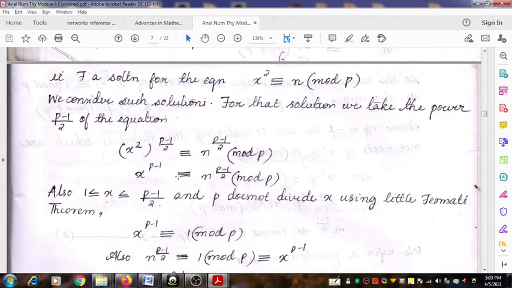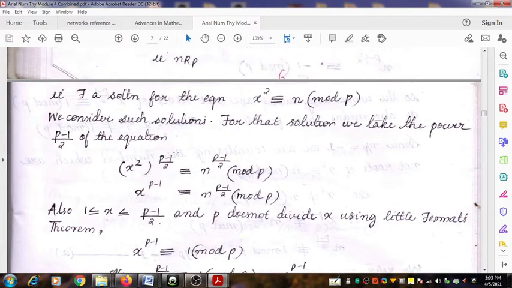Then we go to the next step by taking the (p minus 1)/2 power. We take (p minus 1)/2 copies of the congruence and multiply them together, and we get (x squared) raised to (p minus 1)/2 is congruent to n raised to (p minus 1)/2 mod p.